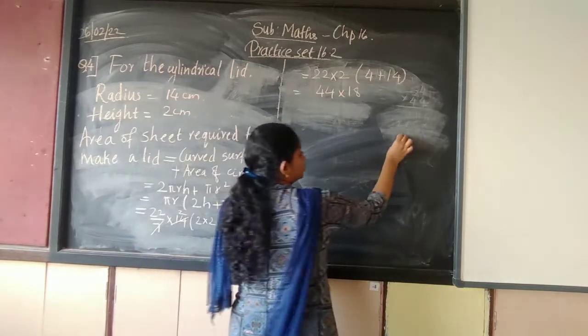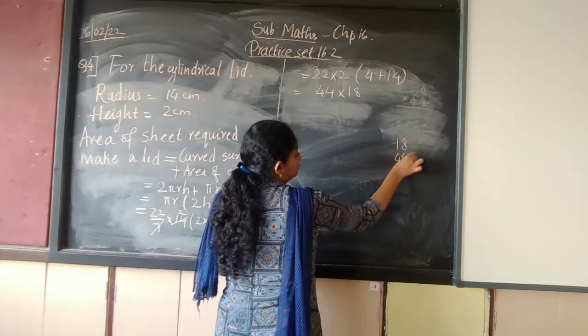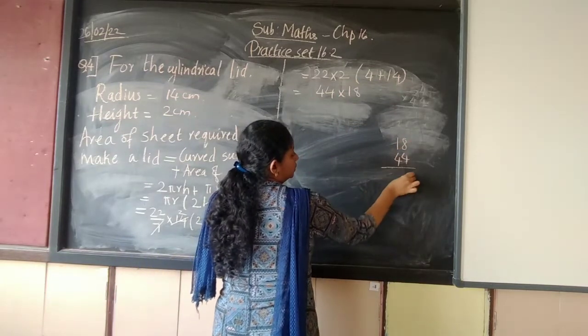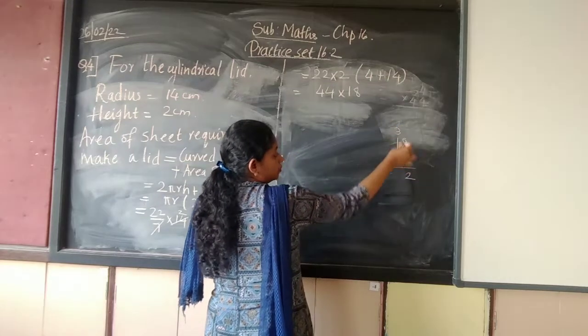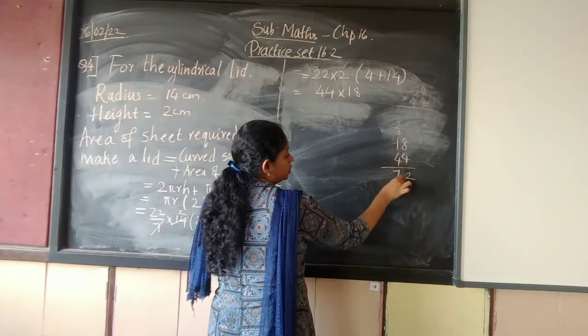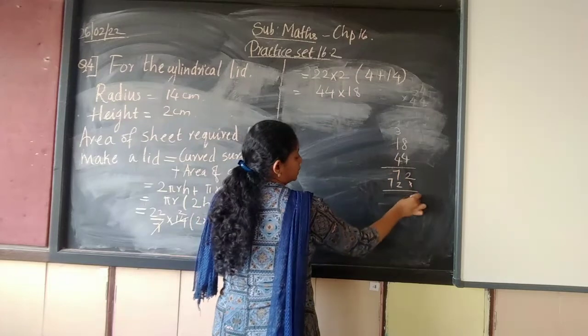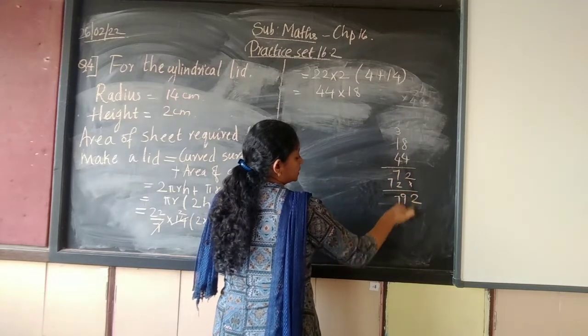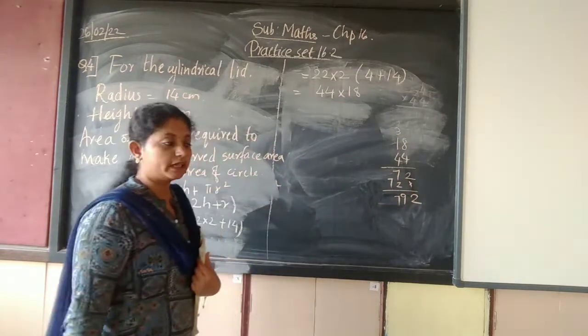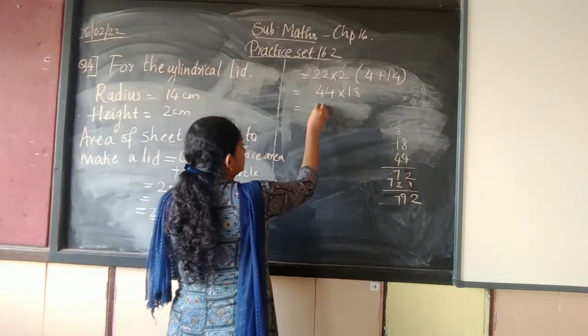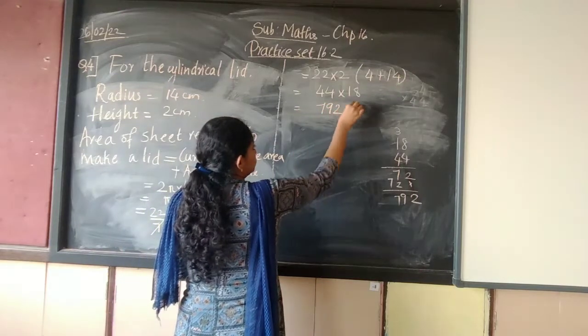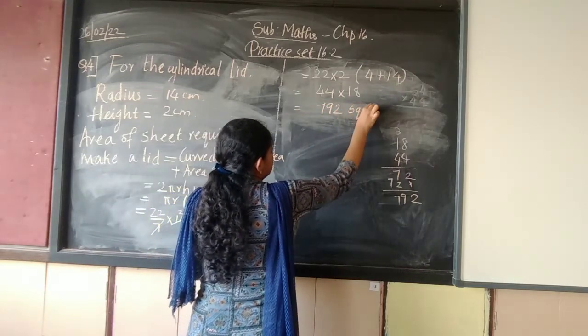Multiply and check how much you are getting. 8 fours are 32, 4 ones are 4, 7 2 7, 2 9 7. How much are we getting? 792 square centimeter.